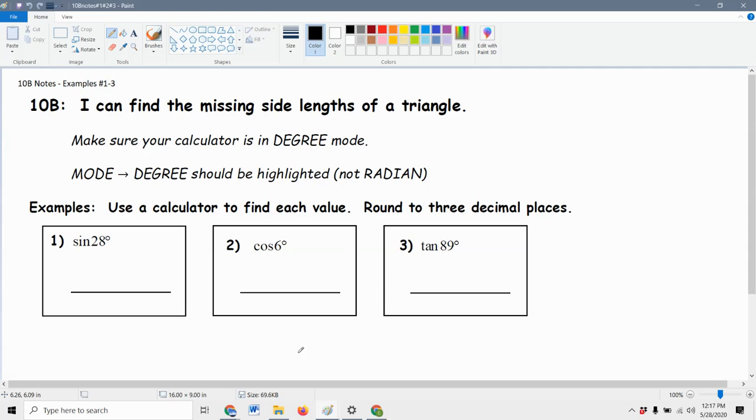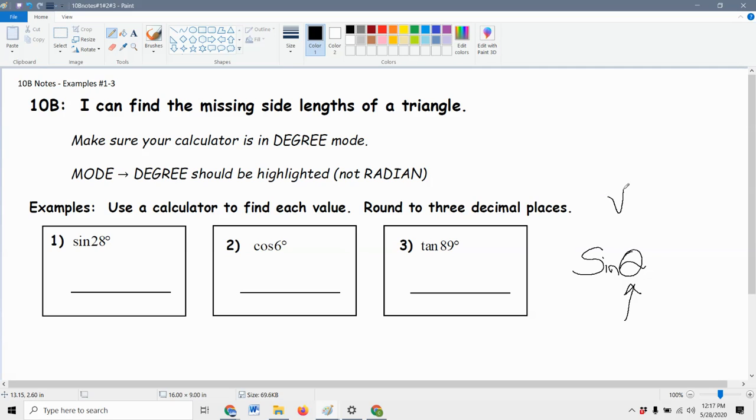In order to prepare to find these missing side lengths, we need to know how to find the value of the sine or cosine or tangent of a certain angle. Now, what you guys have seen up to this point is sine of theta or cosine of theta, etc. And now what we're doing is actually plugging in an angle measurement.